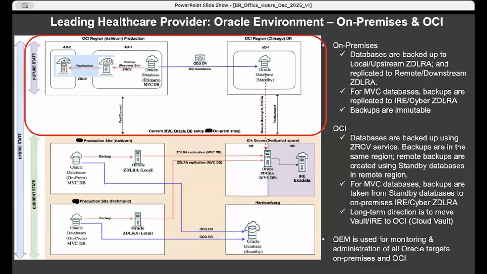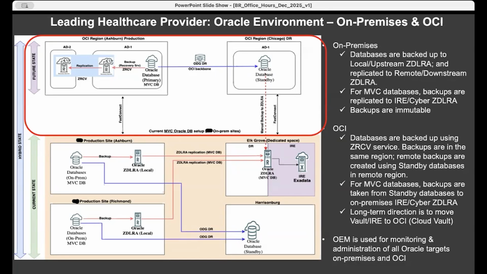In OCI, if you're using ZRCV, you just specify that you want to back up the database using the ZRCV service. Behind the scenes, it uses ZDLRA, which is in the same region, and the backups get replicated to another ZDLRA in the same region.